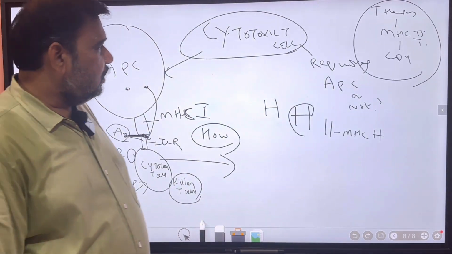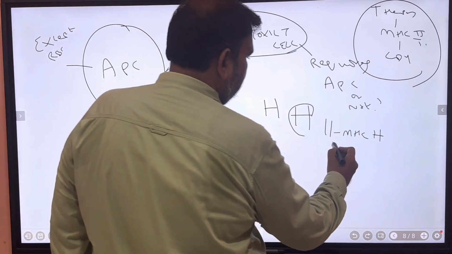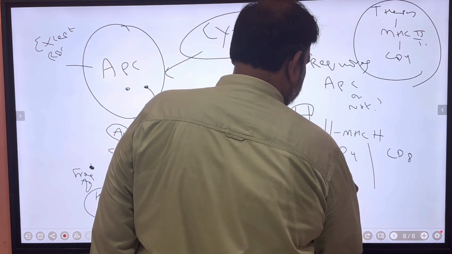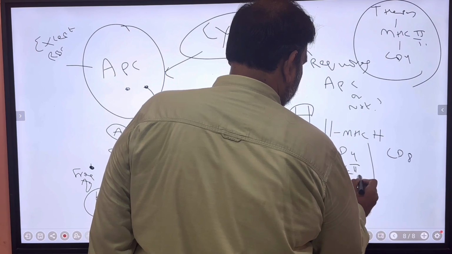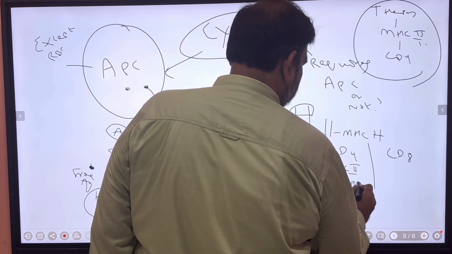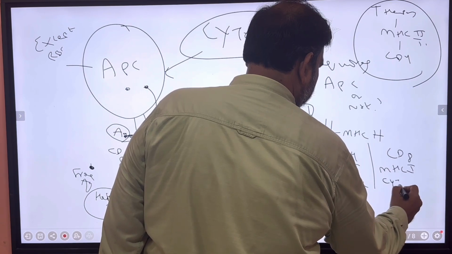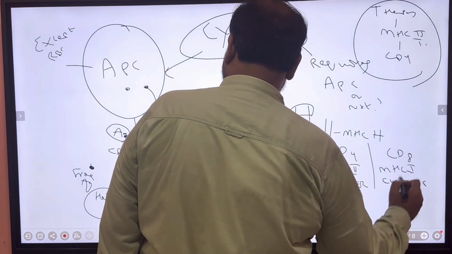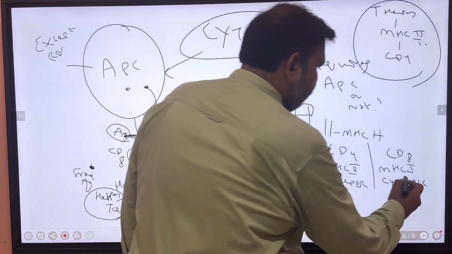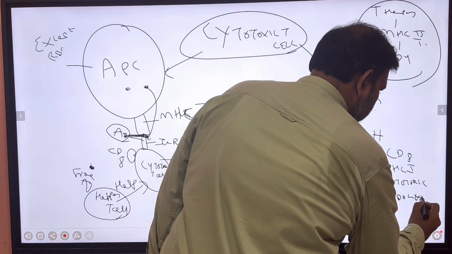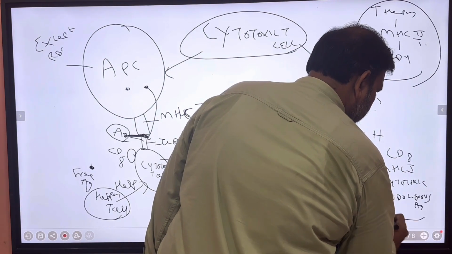Another thing I want you to tell, the difference between CD4 and CD8. CD4 is MHC2, helper. CD8 is MHC1, cytotoxic. And what I want you to understand is that MHC1 usually takes endogenous antigen.